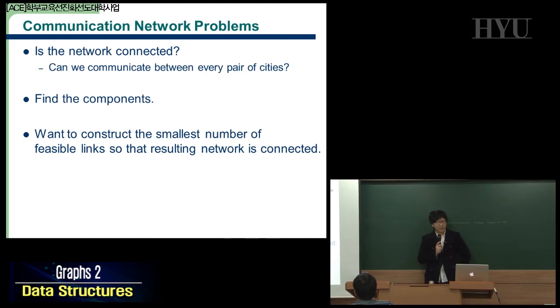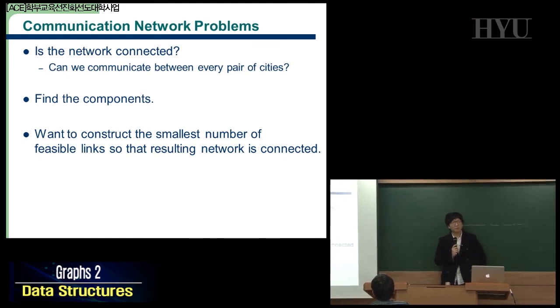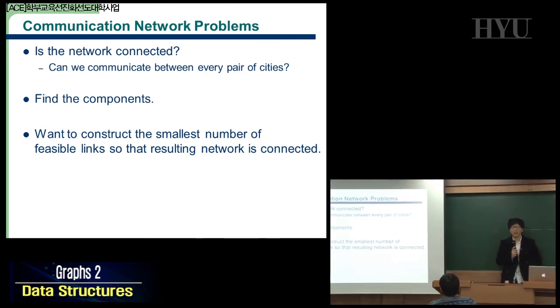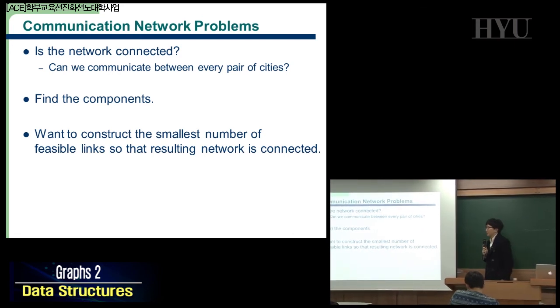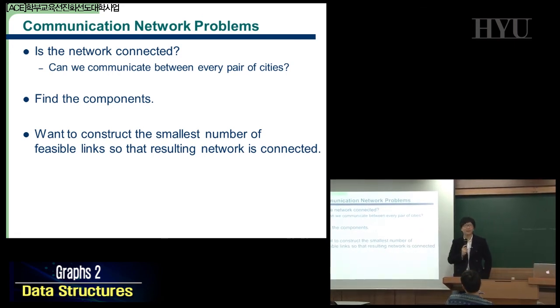Communication network problems: if your internet is having a problem, if your connection is not good, then you usually ask, am I connected? Am I connected to the internet okay? Usually, the first thing you look for is what? If you think you're having an internet problem, what is the first thing you look for?